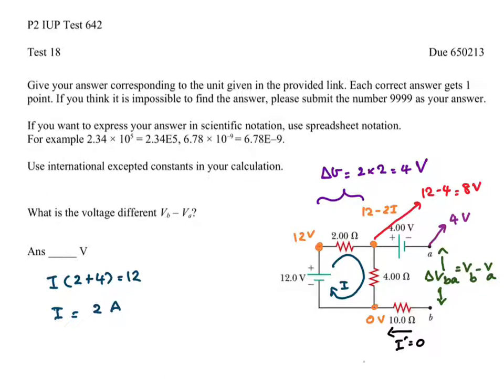Now let's go to this point. You can see that across this resistor we have a potential difference. Delta V is equal to 4 times 2 ohm.